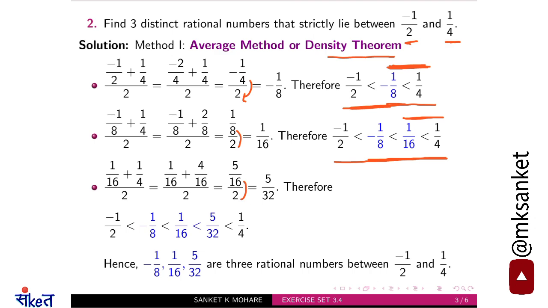Therefore, negative 1 by 2 is less than negative 1 by 8, less than 1 by 16, less than 5 by 32, less than 1 by 4. So between 1 by 16 and 1 by 4 we got 5 by 32. Here we got our three rational numbers lying between negative 1 by 2 and 1 by 4: negative 1 by 8, 1 by 16 and 5 by 32. For finding rational numbers, you can choose the other interval also, it doesn't matter.